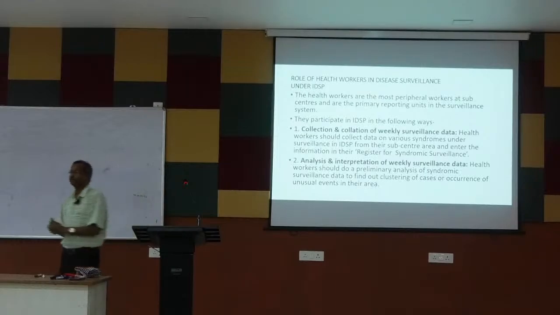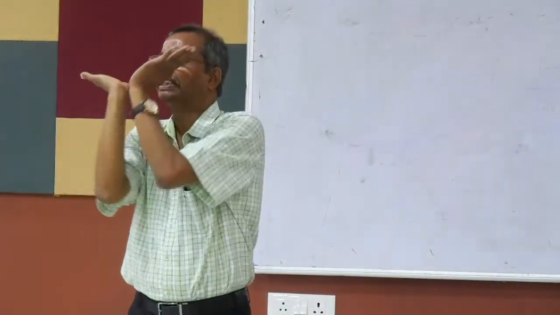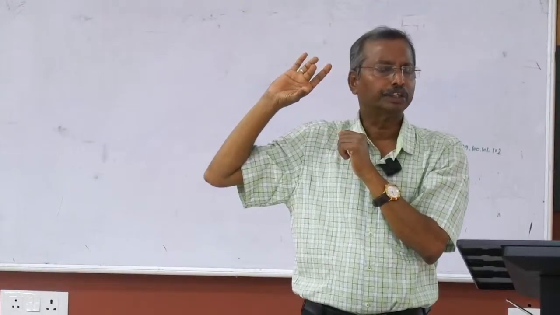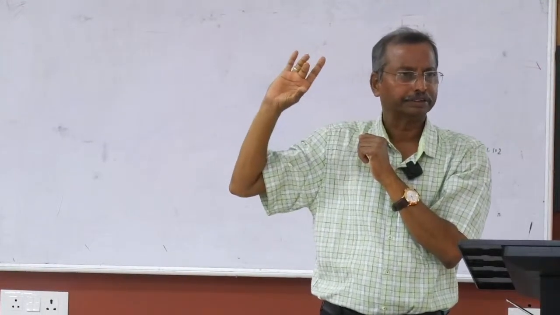Every week, they have to visit the community, collect the data about all 6 items, okay, and once they collect the information, there is a register in the sub centers, the register for syndromic surveillance.